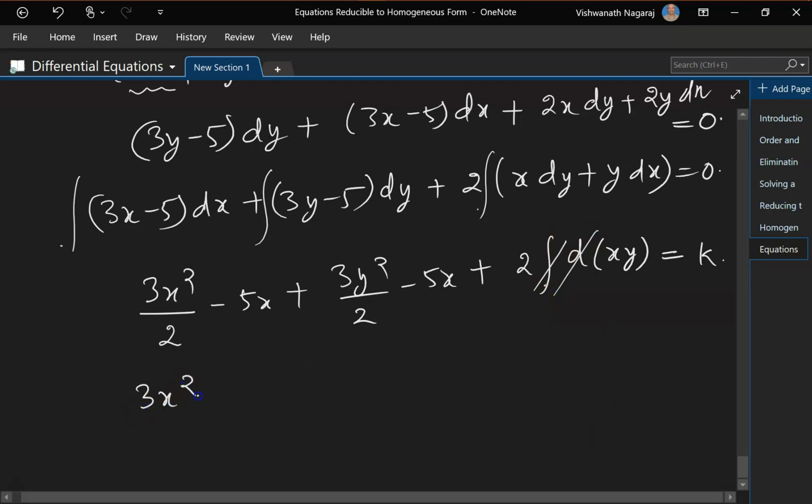So 3x square minus 10x plus 3y square minus 10y plus 4xy is equal to 2k.